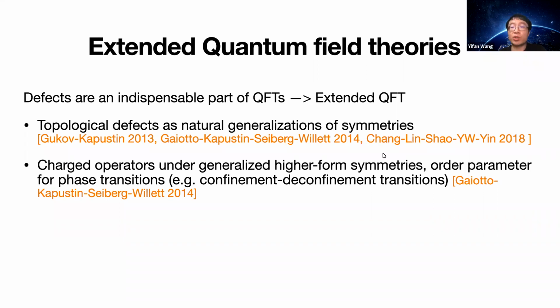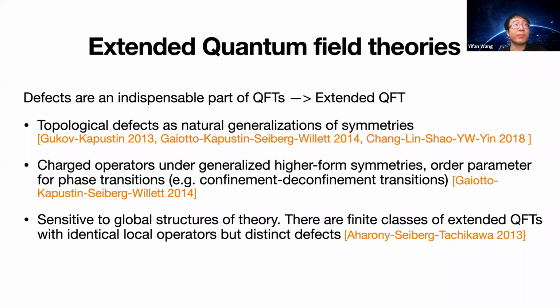Okay, and in particular, a kind of defect operator that can be put into this context is the Wilson line operators and 't Hooft line operators, which are charged under the so-called one-form symmetries. And those operators, as you may have learned, are important order parameters for phase transitions, for example, for the confinement-deconfinement phase transitions in QCD-like theories. And furthermore, these defect operators are generally sensitive to global structures of the theory.